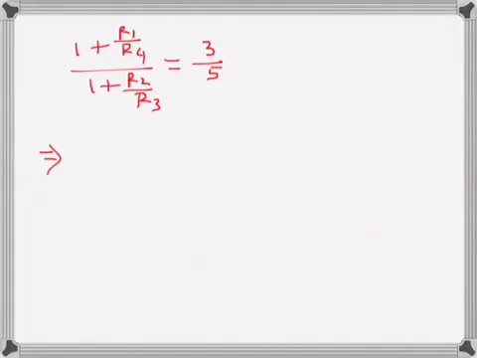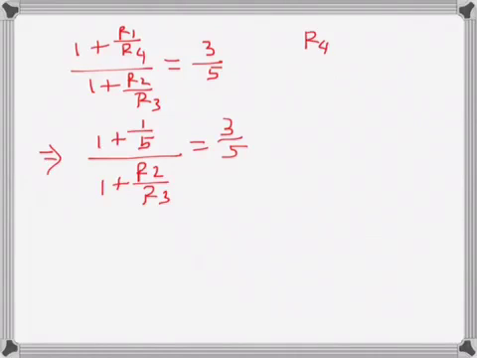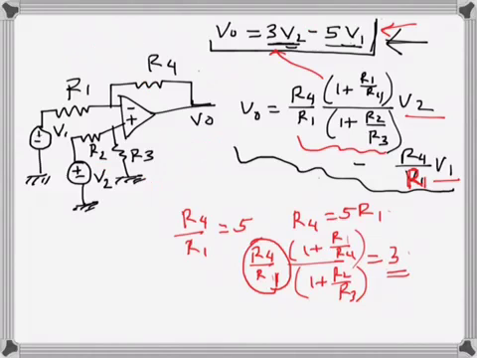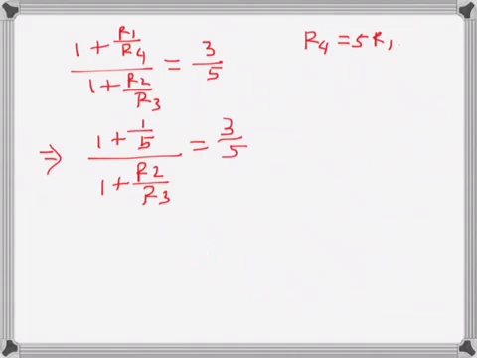And then if I rewrite this, I get 1 plus 1 over 5 here, because R4 is 5R1 from here, so writing the inverse, this is now becoming 6 over 5, and this is becoming 5 over 3, and 1 plus R2 over R3.